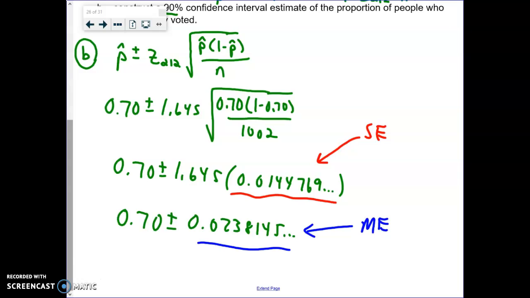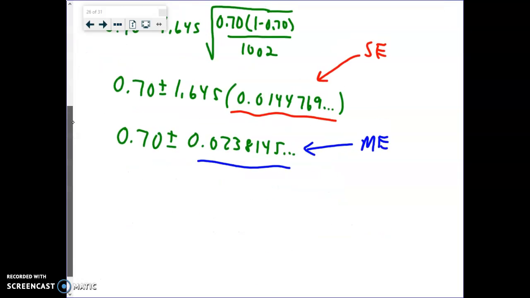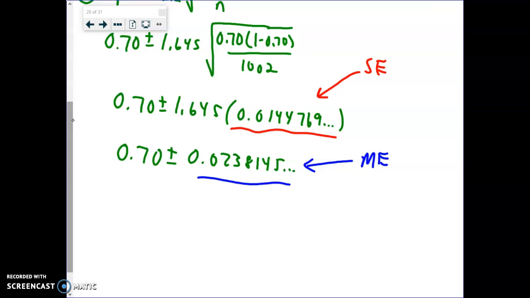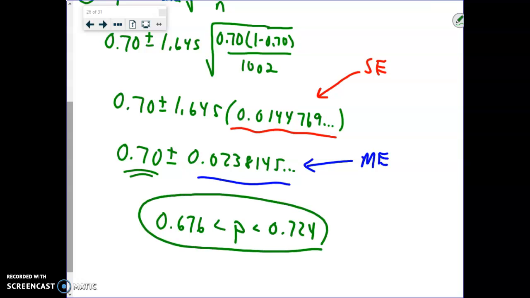So again, using that margin of error and subtracting it from or adding it to your p-hat, your point estimate, and rounding to 3 significant digits would give you this: 0.676 is less than rho, which is less than 0.724. So somewhere the true population proportion of adults that say they voted should fall within those two values.